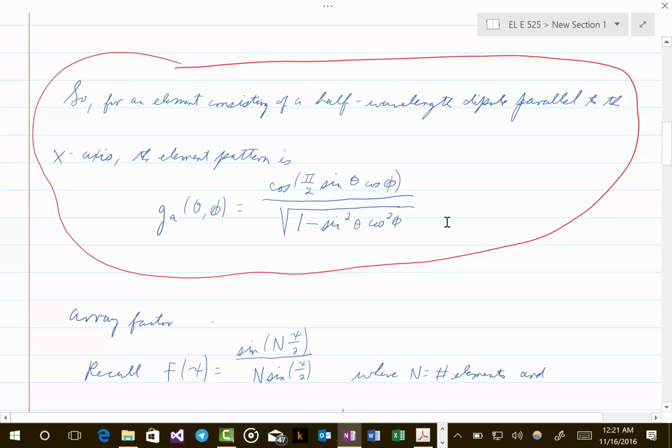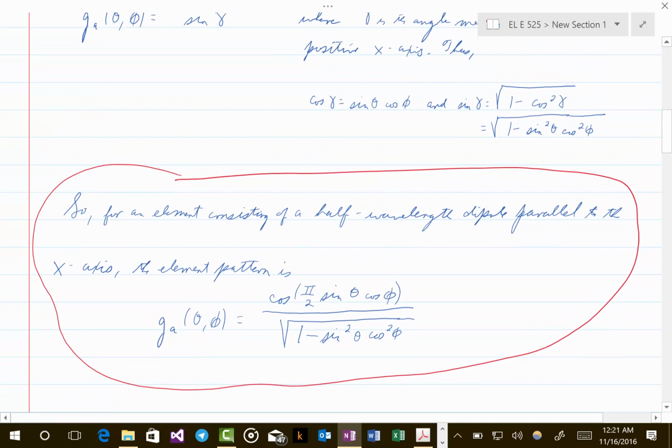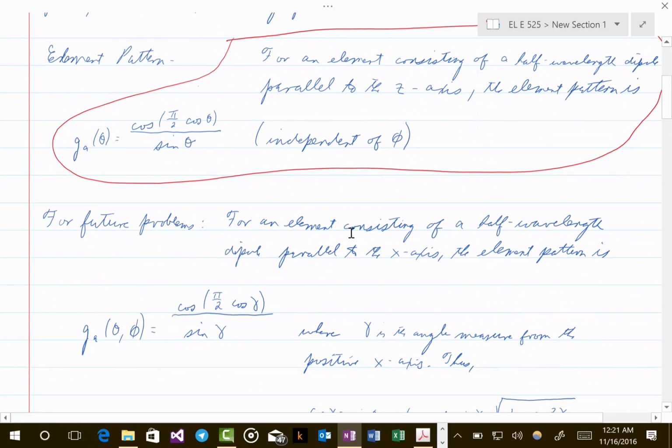So returning now to the problem under consideration, we have here the element pattern for this problem, and now we want to know the array factor.